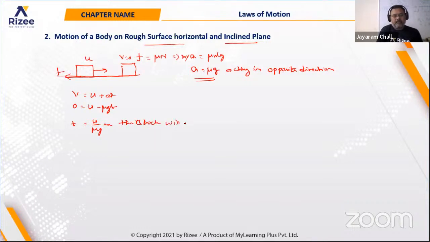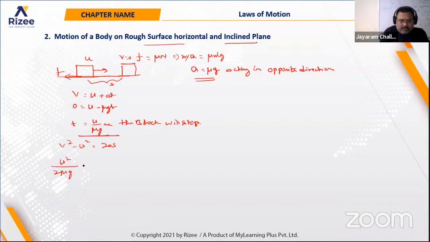And if I go for v square minus u square is equal to 2as, then u square by 2 mu g is the distance traveled before the block stops.